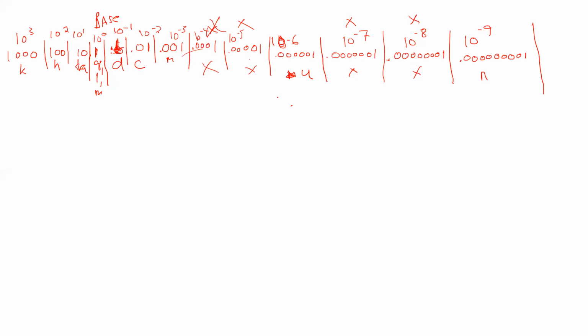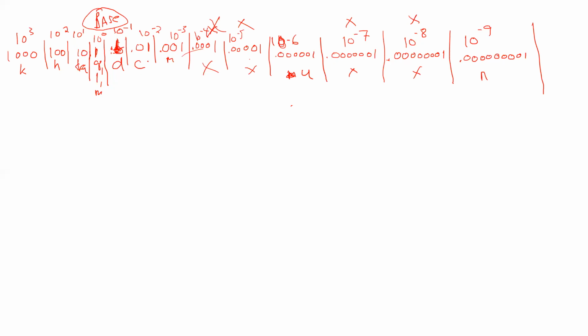I have a question. Sure, what's up? My question is, I'm going to start from the base. We have deca, which is 10 to the positive 1. And now we have deci. It's 0.1.